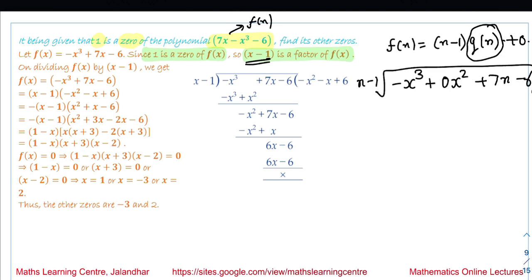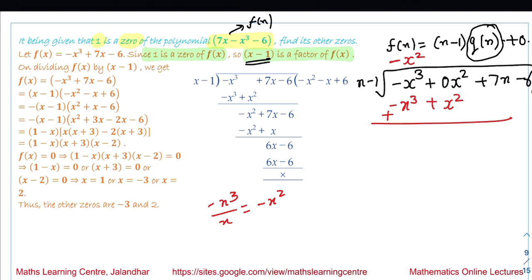So first term we have it is minus x cube over x, so we are left with is minus x square. So when we multiply it over here, it is minus x cube, and next we will get it is plus x square. So it is plus and minus, so we are left with is minus x square plus 7x minus 6.